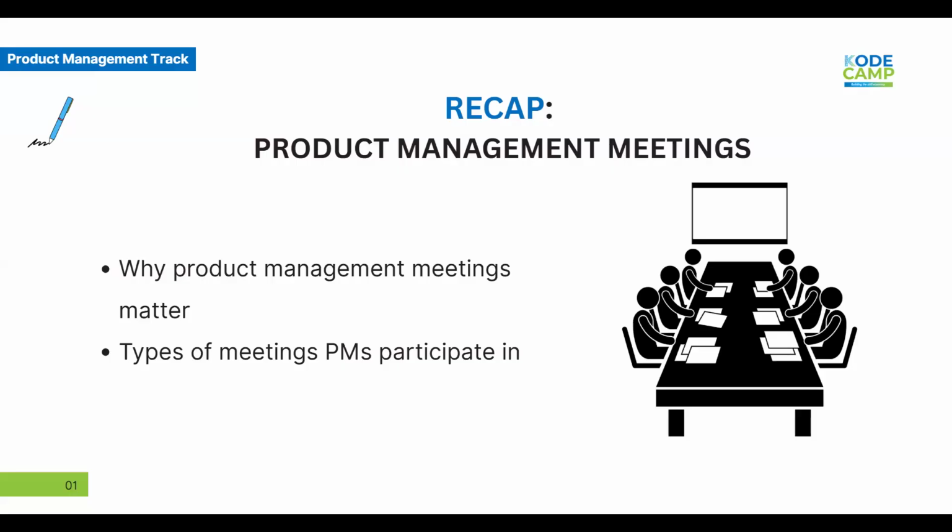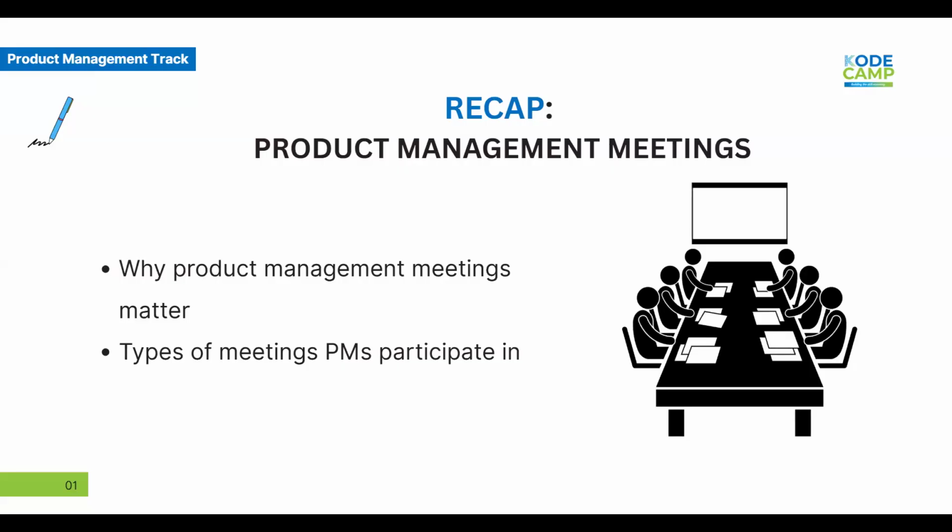We started by asking the question of what makes a product management meeting different from just any other work meeting? And the answer was purpose, if you remember clearly. In product management meetings, we are aligning with cross-functional teams around product priorities, decisions, progress, risks, and roadblocks.